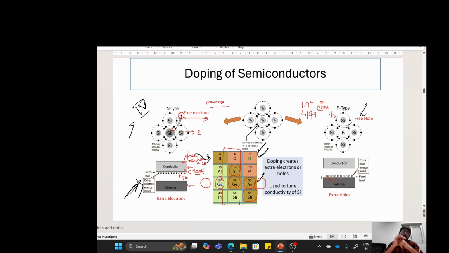So I want to understand why it is above the electron level in the n type case and below the hole level in the p type.